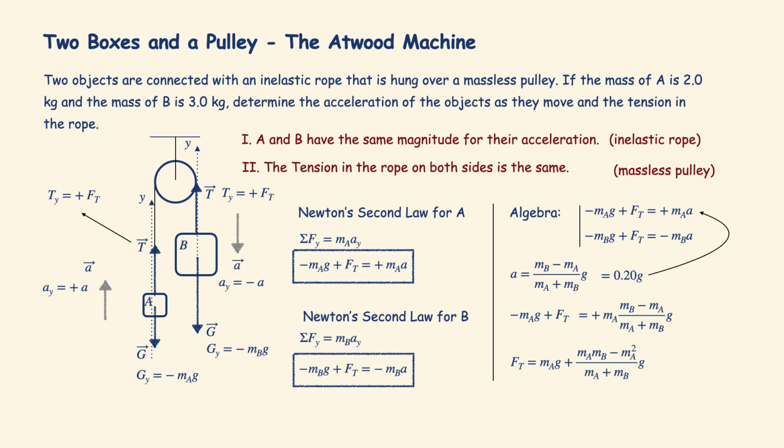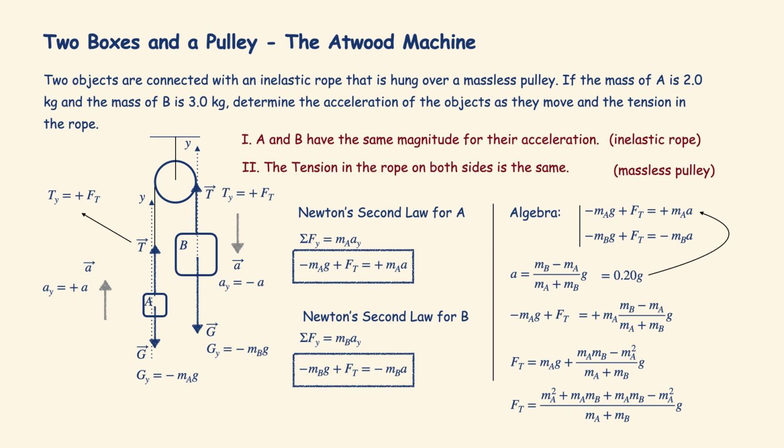The next step is to bring the two terms on the right-hand side of the equation under the common denominator. For the numerator, I'm going to get ma times ma, which will be ma squared, plus ma times mb. Then I have to add what I already had in the numerator before, plus ma times mb minus ma squared. In the denominator, I will have ma plus mb, and don't forget that I have this factor of g that multiplies the entire fraction.